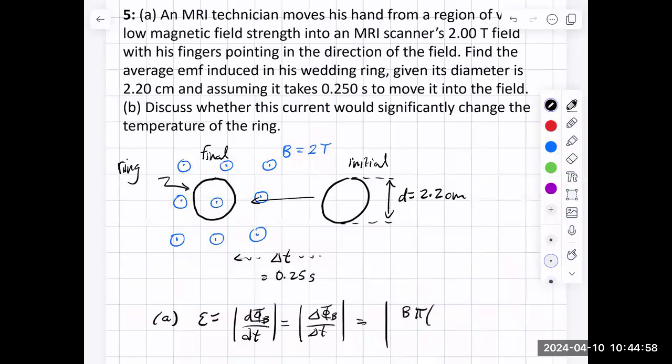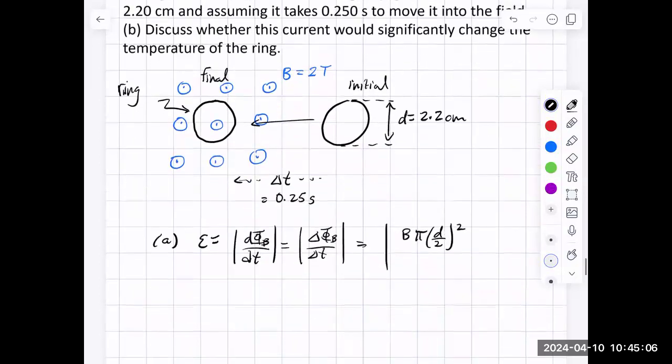The area we could write as pi r squared. Since we're given the diameter, I'll write the radius as d over 2 and then square that. Sorry, this is the final magnetic flux after we've moved the finger into the magnetic field.